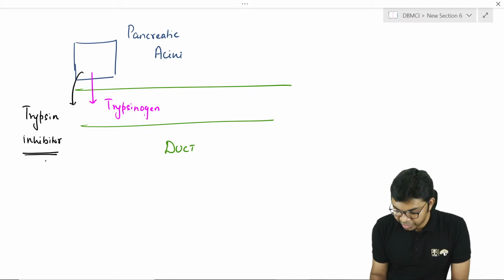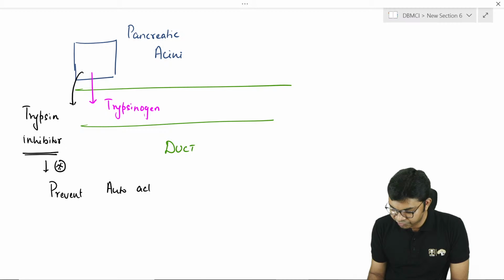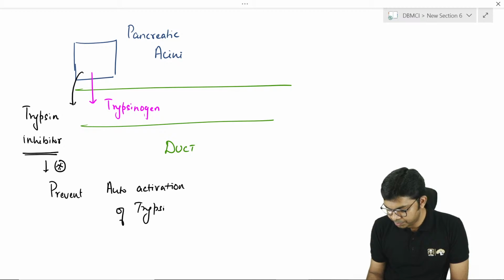And these trypsin inhibitors are so important in order to prevent autoactivation of trypsin.